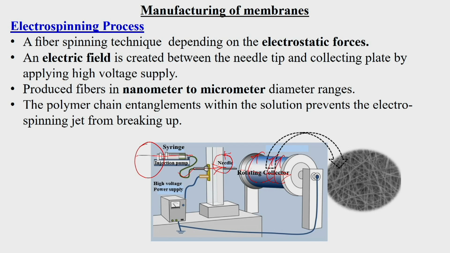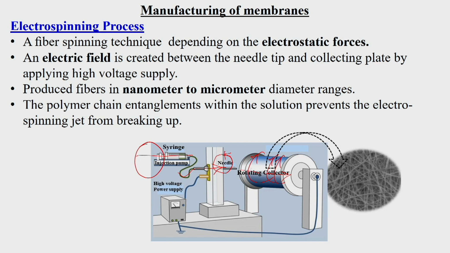So, produced fiber in the nanometer to micrometer range will be there. It depends on so many parameters, and the polymer chain entanglement within the solution prevents the electrospinning jet from breaking up.